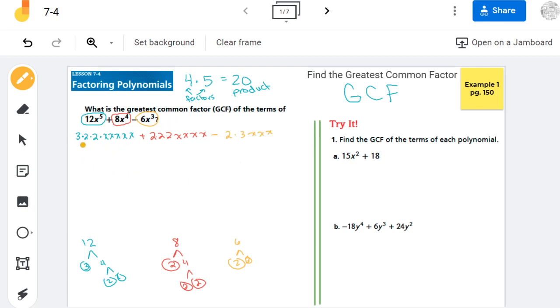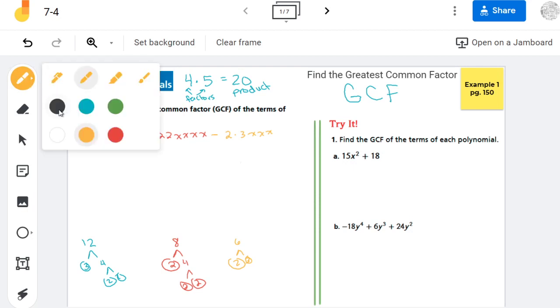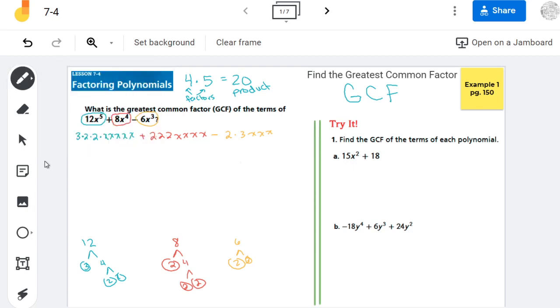Now here's what I tend to do. I'm kind of playing Go Fish. I'm looking for the factors that are a part of all three of these. Usually the x is the easiest, right? I go to wherever the smallest number of x's are. So I have 3 x's that match.